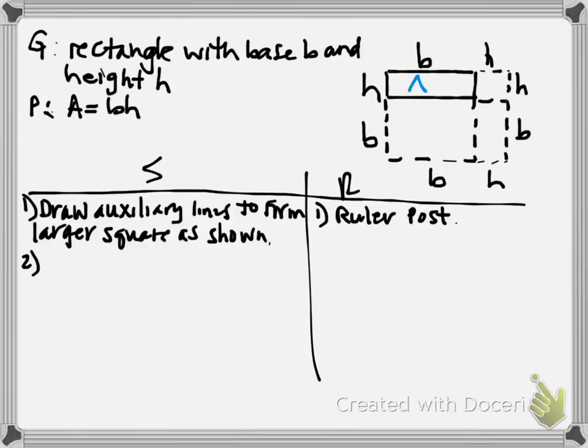What we're trying to figure out is what this area is, because remember, our formula is supposed to be A equals B times H. What is the area of this piece down here? The B by the B is going to be B squared. What's this little guy up in the upper right? H squared. And what would be this piece off to the side? Oh, it's another A, because it's just a mirror image of that rectangle on the top.